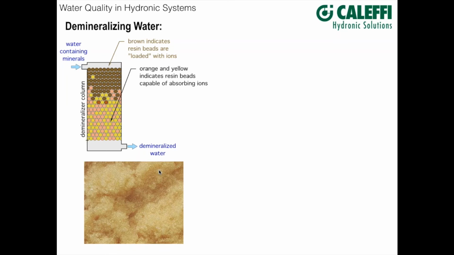They're not processes that lend themselves to use in a field situation. So typically with this type of process for a hydronic system, we send water through this resin bead column, and at some point the beads are loaded and no longer able to produce the proper amount of demineralization, and the answer to that is you switch the beads.